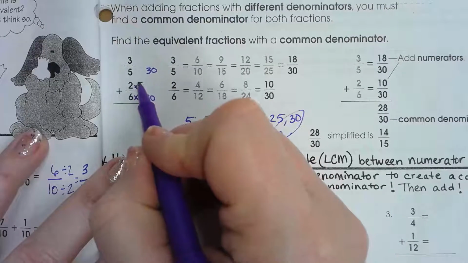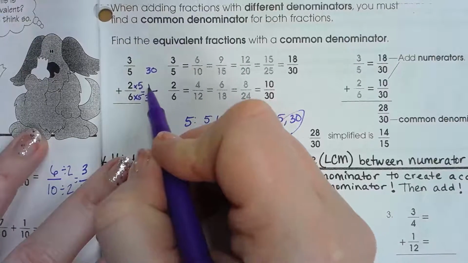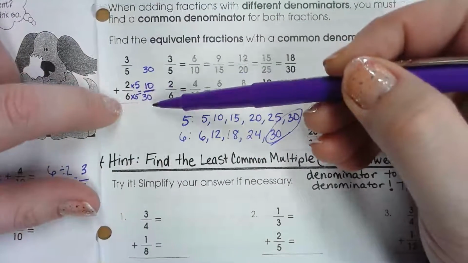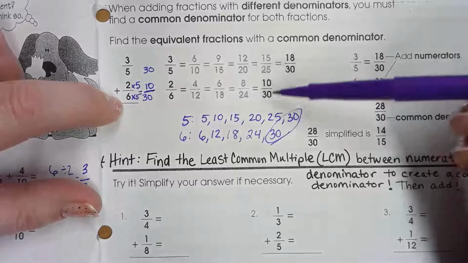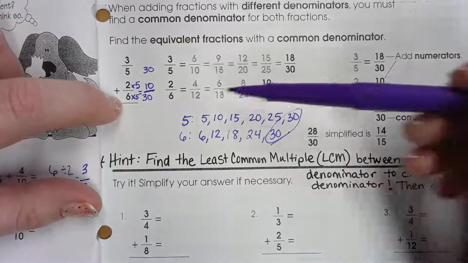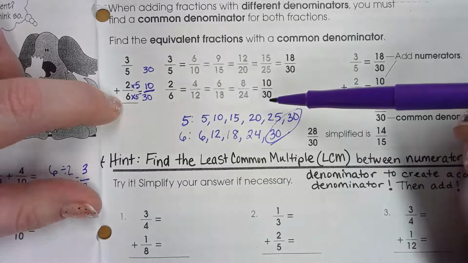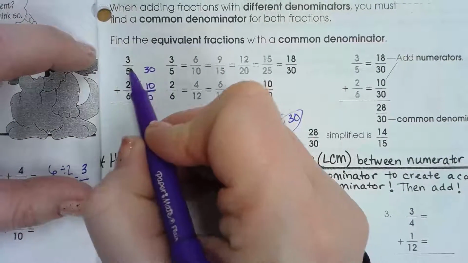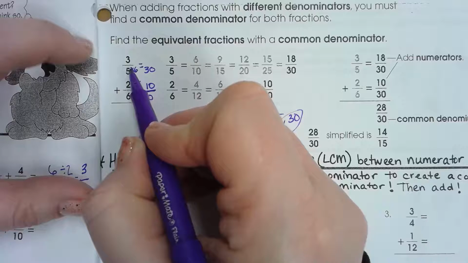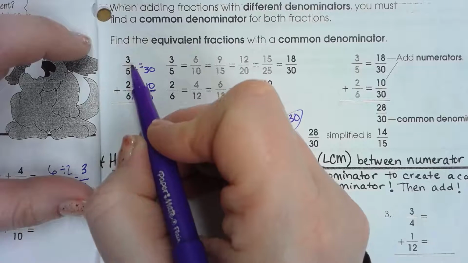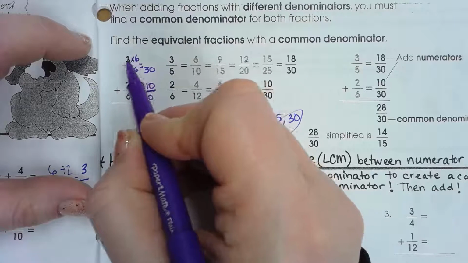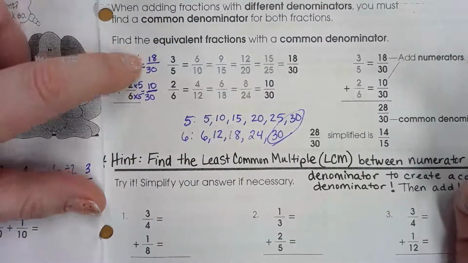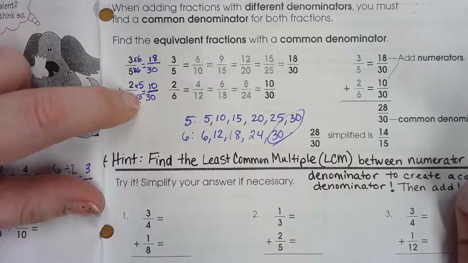So 2 times 5 is equal to 10. That means 2/6 is equal to 10/30, which is also found here if we do all of the equivalent fractions up to that. Okay. For the top one, 5 times 6 would be 30. So then we multiply our numerator by 6 as well. 3 times 6 is 18. So now we have 18/30 plus 10/30.